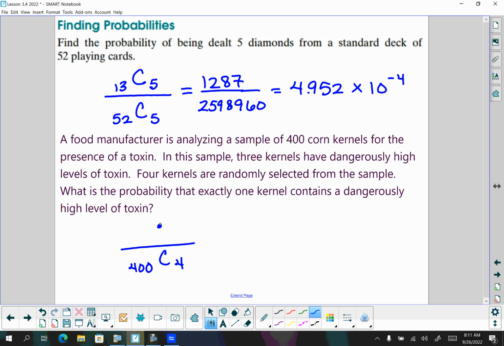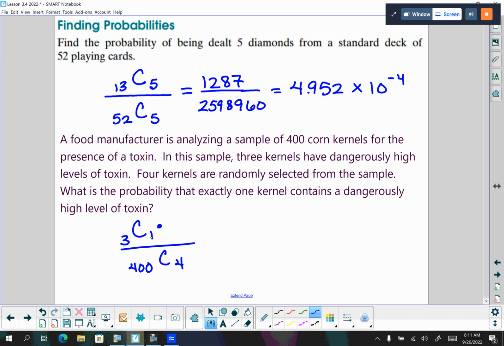So let's start with choosing the kernels that do have the high level of toxin. How many corn kernels in the bunch have a dangerously high level of toxin? 3, right? Oh wait, I'm reading this backwards. 3 have it, and how many am I choosing that have it?